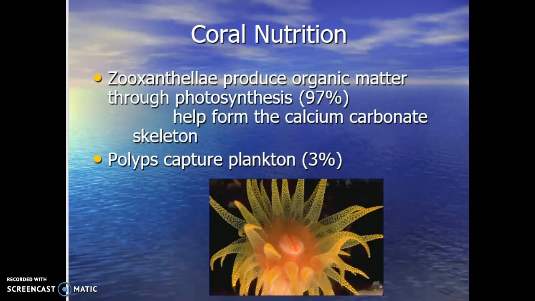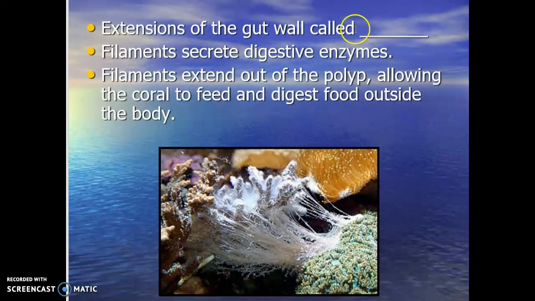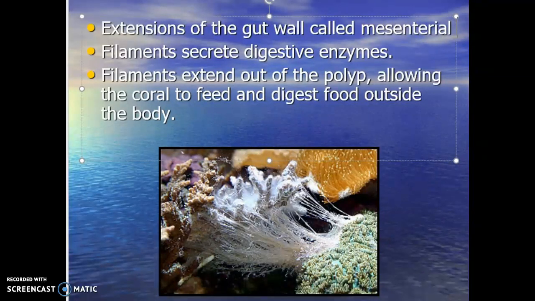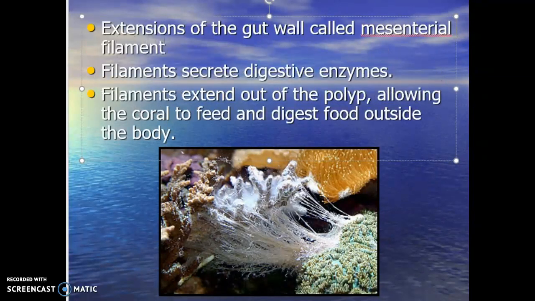Now, corals will have one other option of feeding. They have these filaments in their stomach called mesenteric filaments that enable them to get food. So they actually extend these filaments out of their body, and they use that to capture food that's outside.